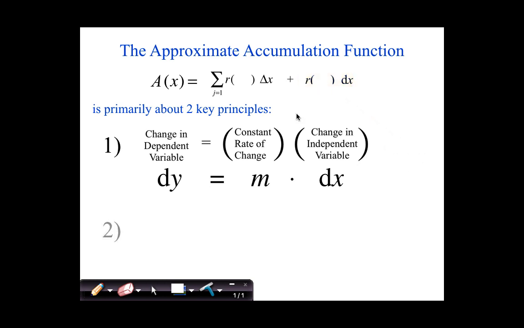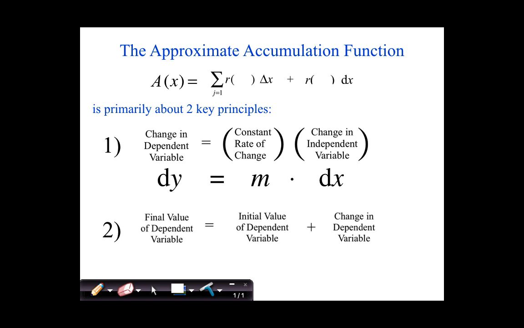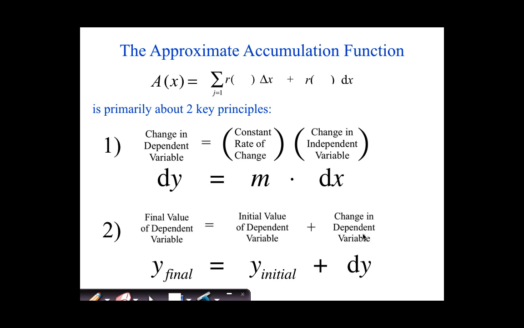And then the other part of constant rate of change: the final value, y final, is y initial plus dy. So let me scooch this out of the way. If I have a starting point, whether it's thinking about just an individual interval, or I can even think of adding up all of those. Like when we talk about how do I find A of 4? Well, I have to do all the accumulation from the full intervals.